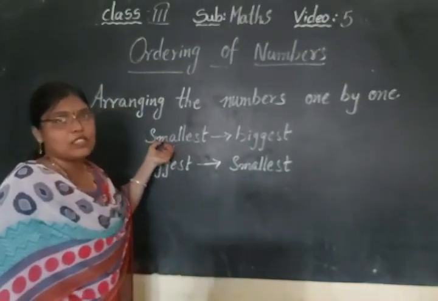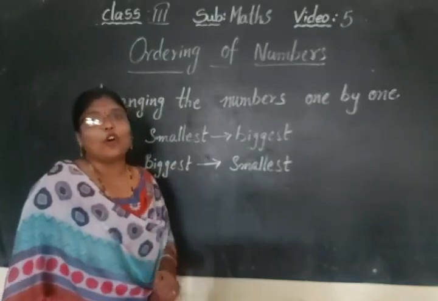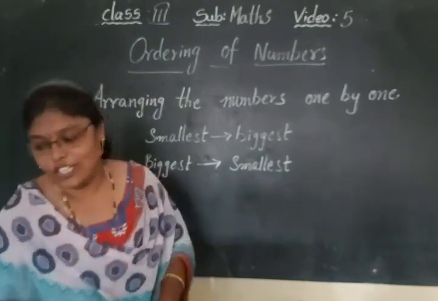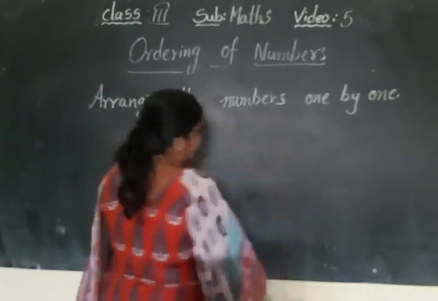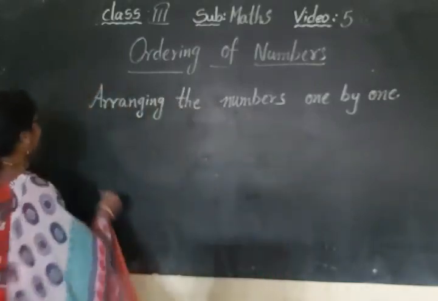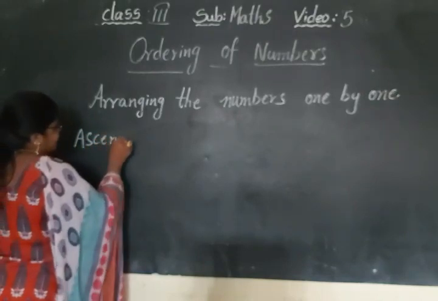Arranging the numbers from the smallest to the biggest is called ascending order. What is ascending order, children? Come on, let's write the definition of ascending order.